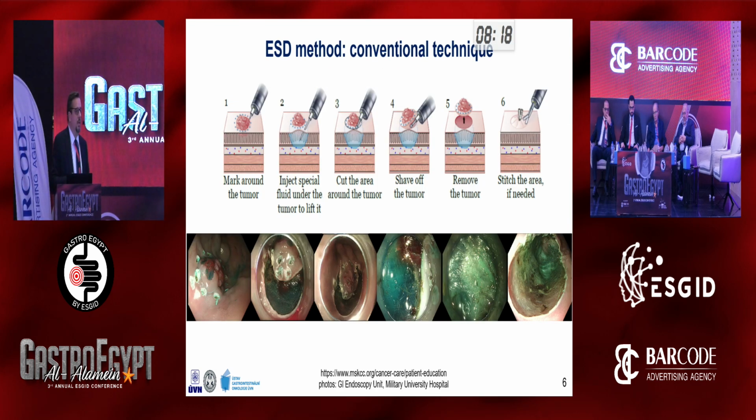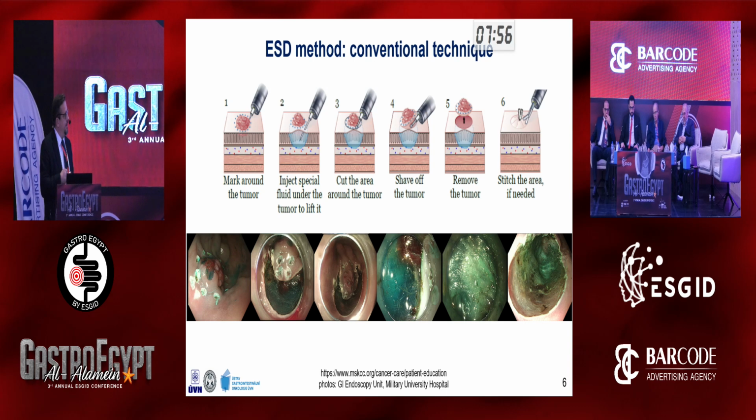The preferable method, and we do it a lot in my unit, is the conventional technique of ESD. You can see a few steps. The first is marking. It should not be done in the colon, but we do it anyway, so we can see the borders of the lesion better.